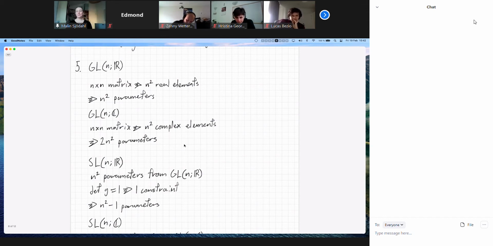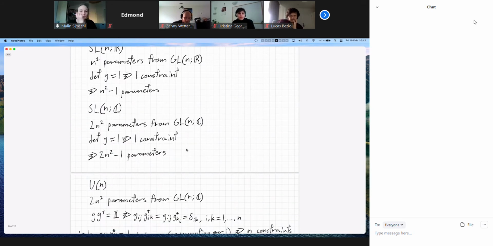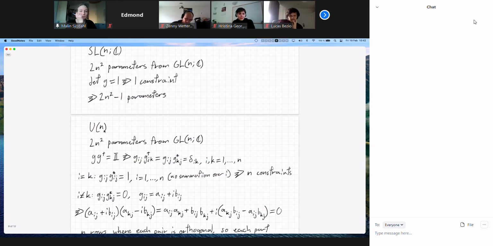Yeah, but please go on. Yes. And then after this, we were supposed to find the number of parameters for the unitary group in n dimensions. So we have 2n squared. This is a subgroup of the complex general linear group, so we have 2n squared parameters from there.